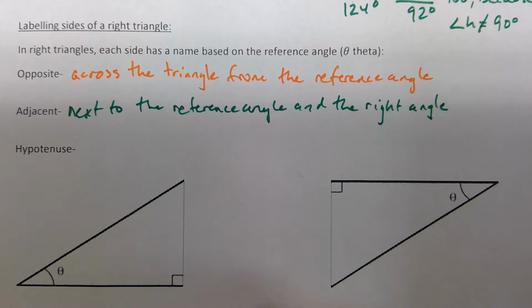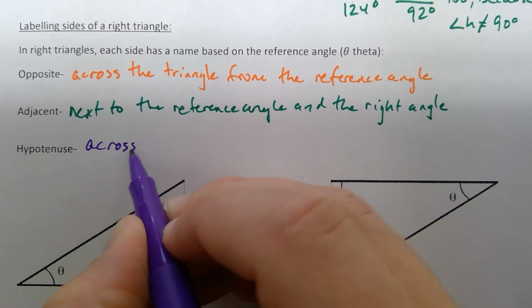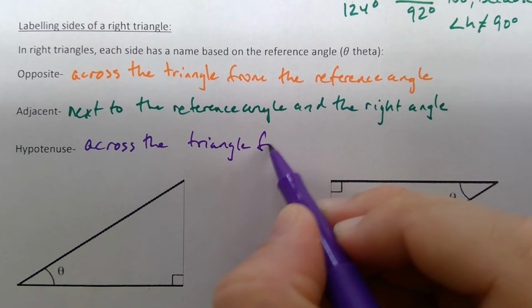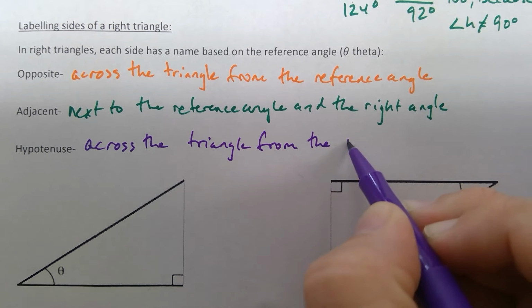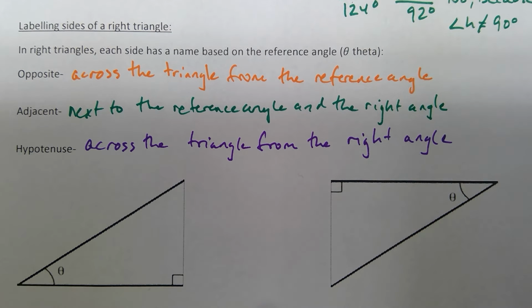And then our last side, our hypotenuse, which hopefully we've heard before, is across the triangle from the right angle.